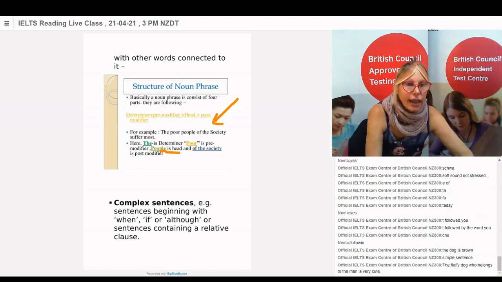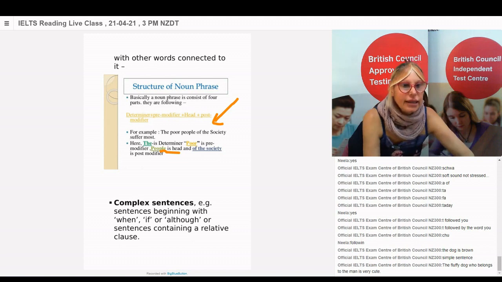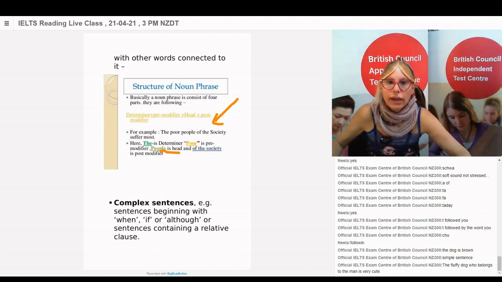So we're still talking about the dog as the head noun, but we've included other parts to the sentence to give it more detail. And this is what is called a complex noun phrase.